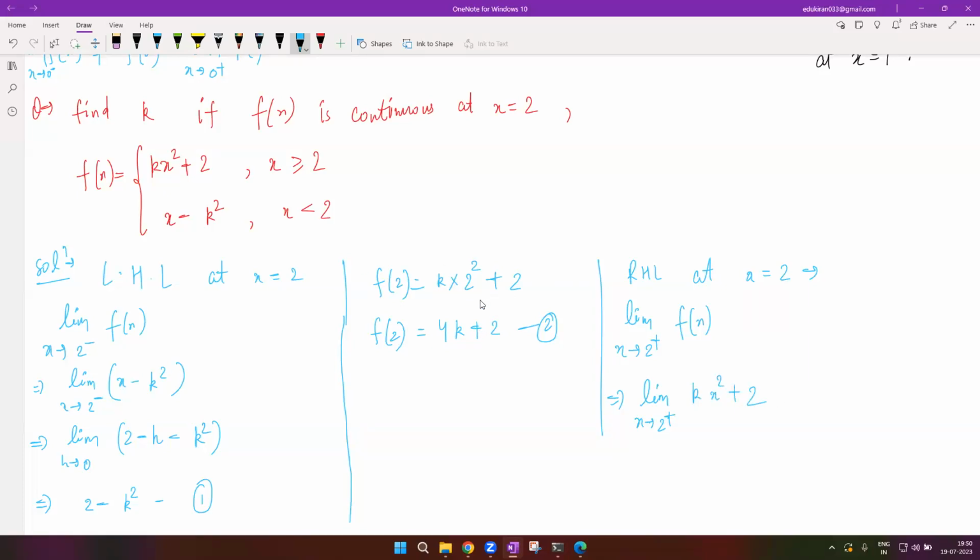Solve these and find out this value. What is the RHL at x equals 2? Can anyone tell me?